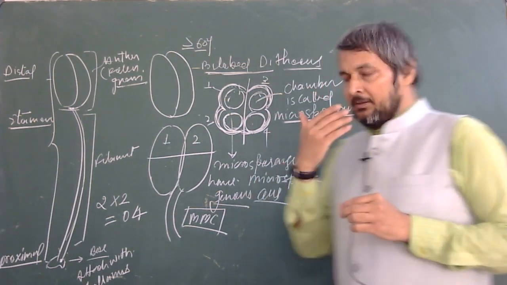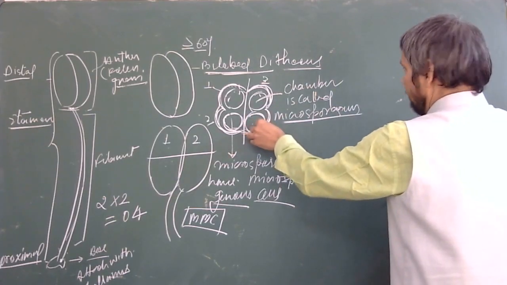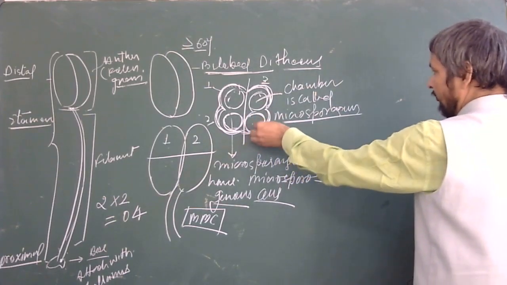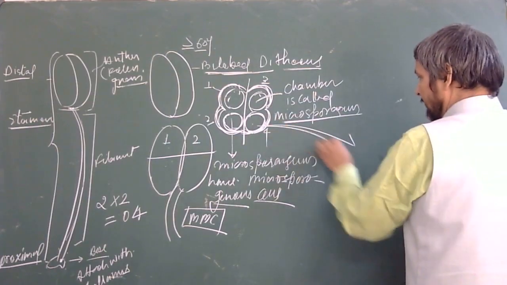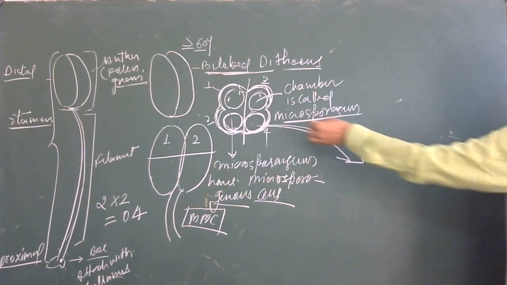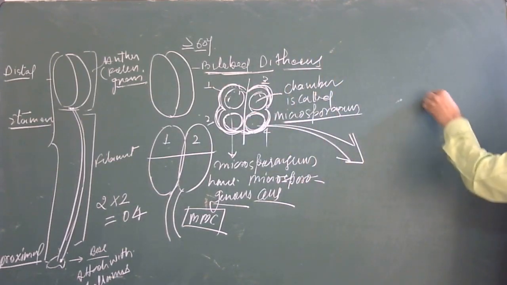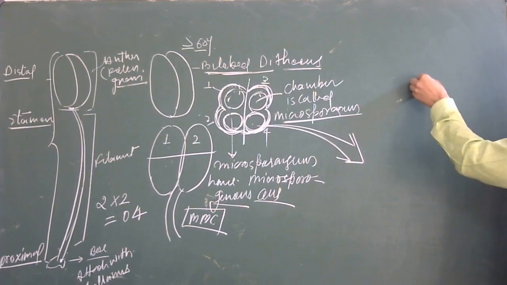So let us quickly look into the structure of the microsporangium. We can make another diagram here, focusing on one microsporangium. This is the outer layer of the microsporangium.